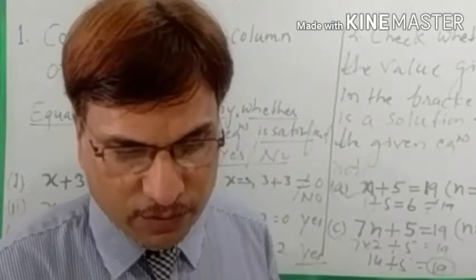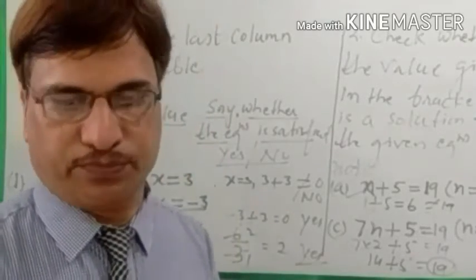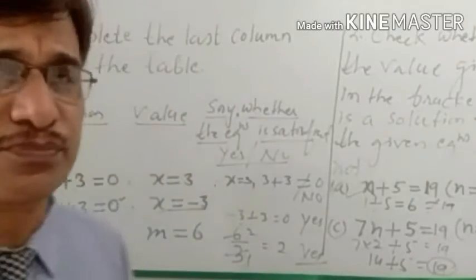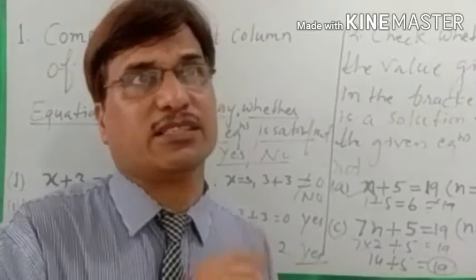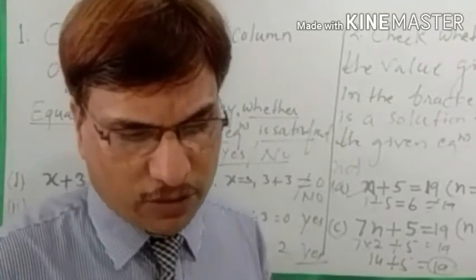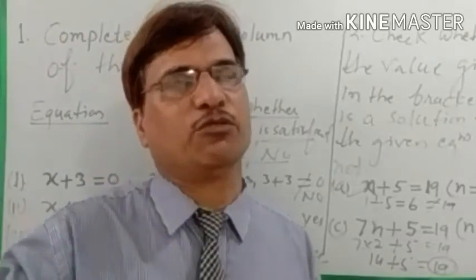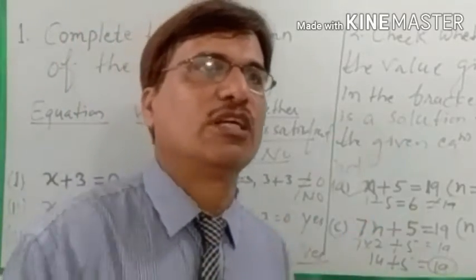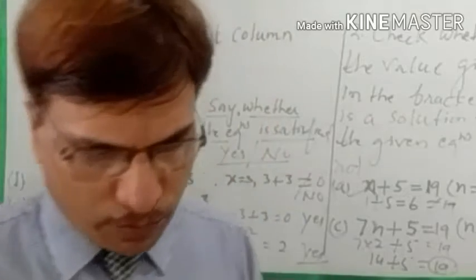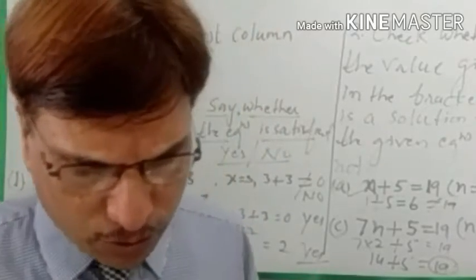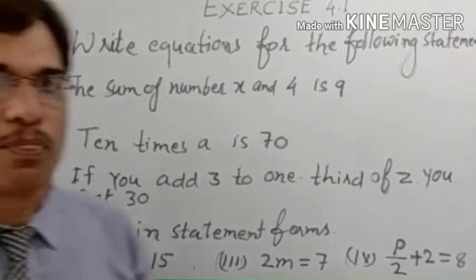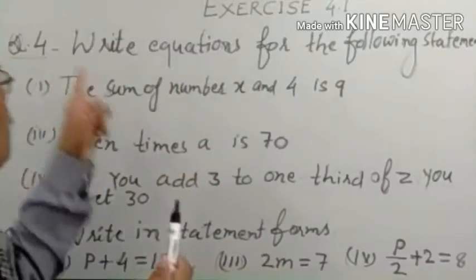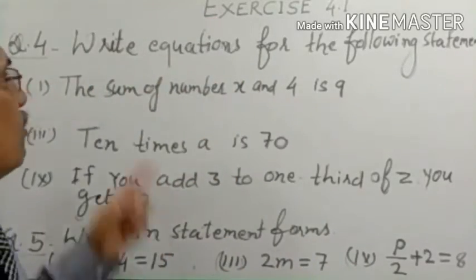Write equations for the following statements. Students, you have already learned in class 6 how to convert statement into equation and equation into statement. So we take 2 or 3 examples.